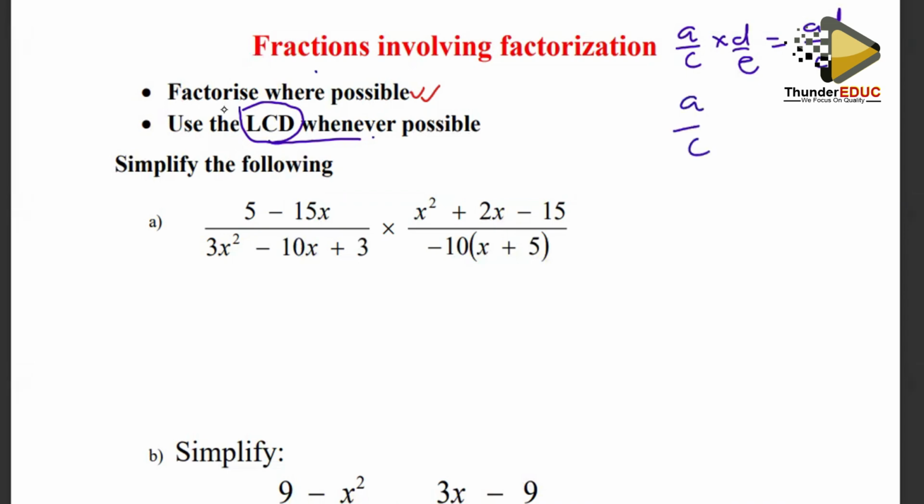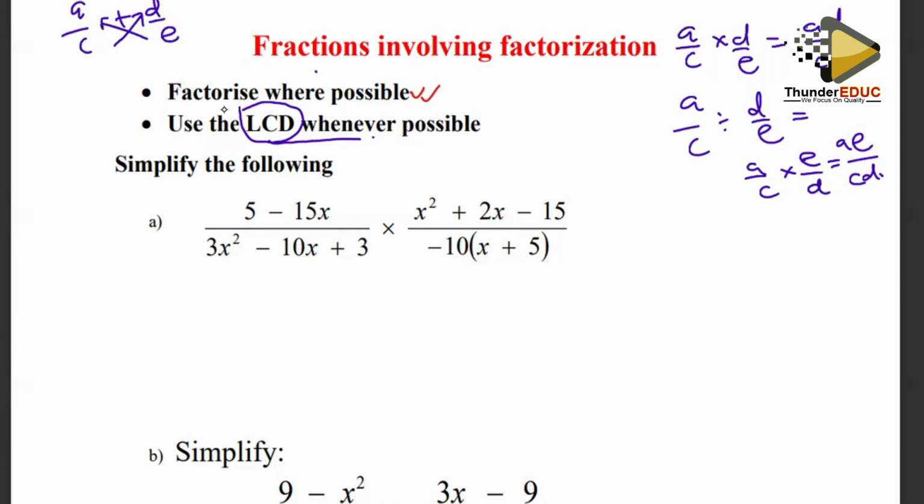What if we had a division? We need to change the sign to a multiplication. So A over C times, and then we switch this around, E over D. Remember if we have a plus or minus, just do the crisscross. And then you're good to go. So let's work this out.